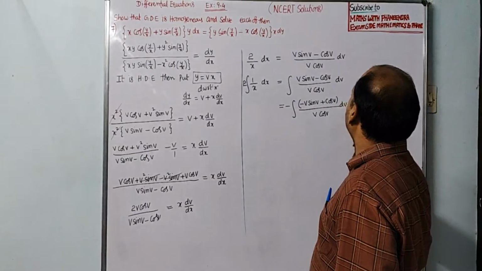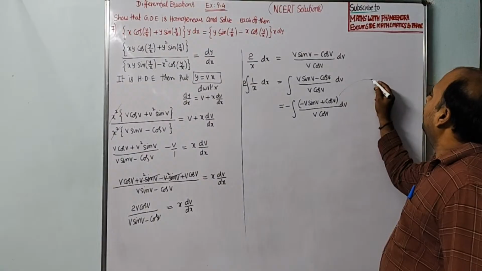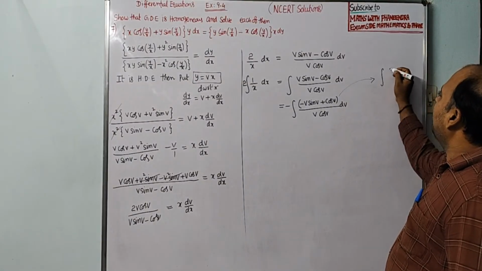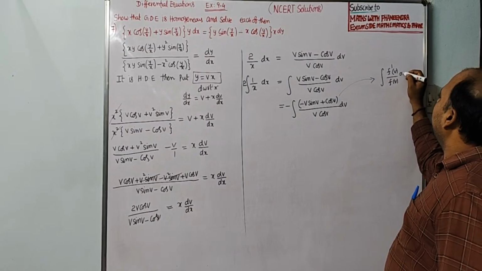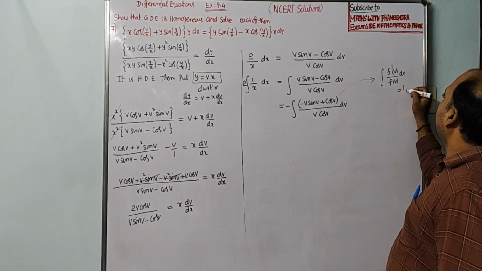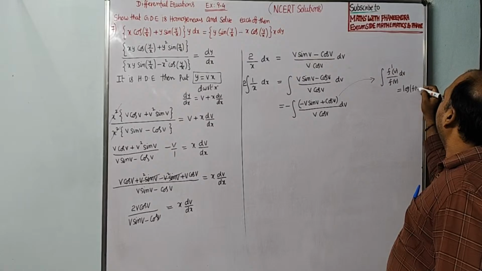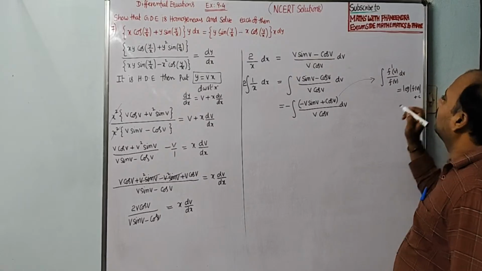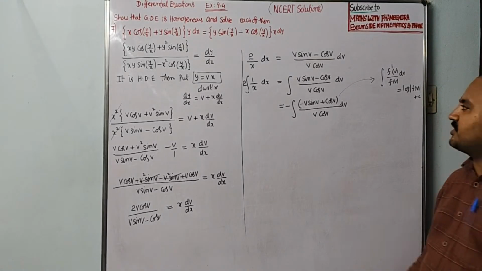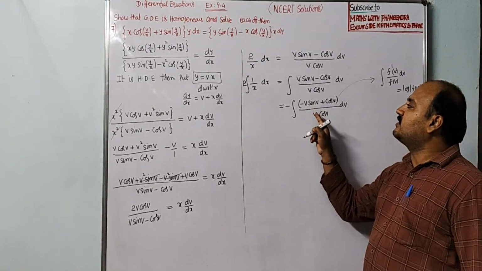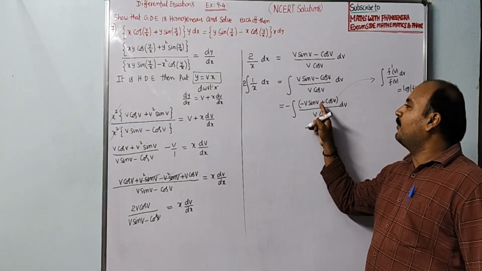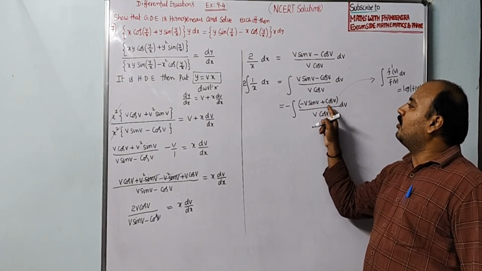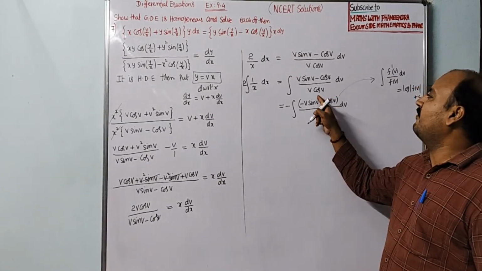Why are you doing like this, sir? Here is the important step. It will be in the form of integral f dash of v by f of v into dv is equal to log mod f of v. I hope you understand. For v cos v, the derivative is, we keep cos v, derivative of cos v is minus sin v; plus keep cos v, derivative of v is 1. So f dash by f.